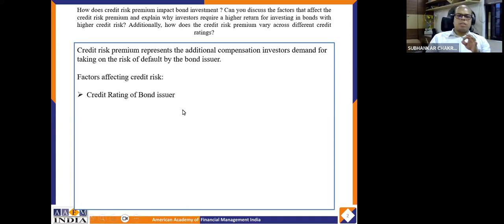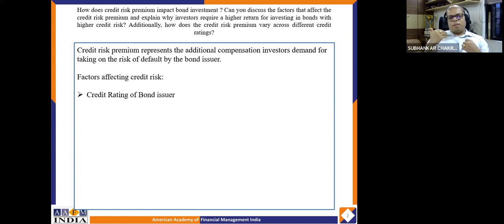The first is the credit rating of the bond issuer. The credit rating agencies are like Moody's, S&P, Fitch. According to their rating, if a particular bond issuer is rated at a higher level, that means there is a huge trust that this issuer is not going to default.